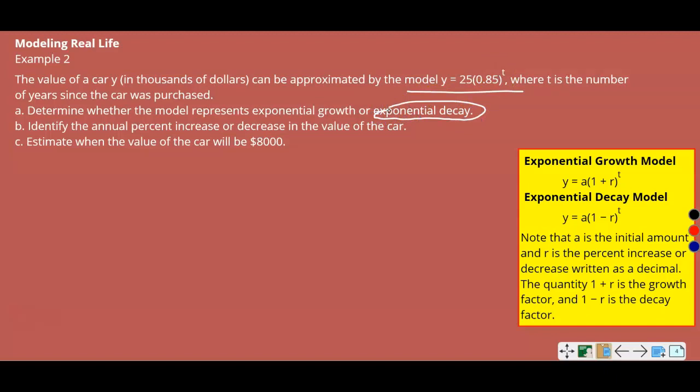Identify the annual percent increase or decrease in the value of the car. All right, so exponential decay can be found by doing 1 minus the rate. So 1 minus the rate would be 1 minus 0.15 or 15%. 1 minus 15% leaves us 85% here. So for b part, we're going to do 1 minus 0.15. That equals 0.85.